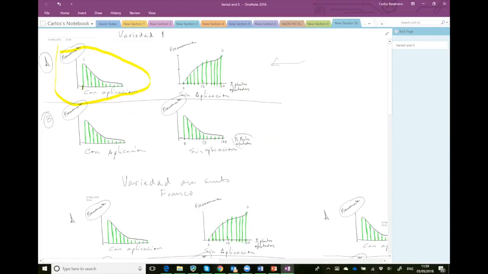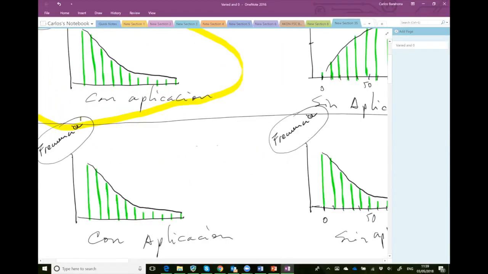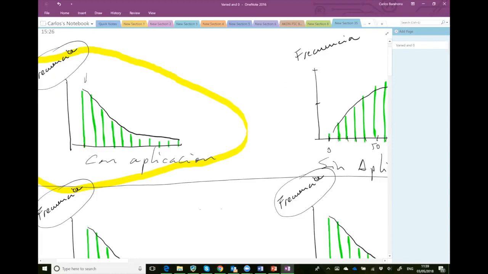So farmers with very few plants affected will be right here at the beginning of the graph, and farmers with many plants affected will be here at the end. The number of farmers will be on the vertical axis. Someone with treatment will have very low frequency at this end of the axis, of plants affected by the pest.